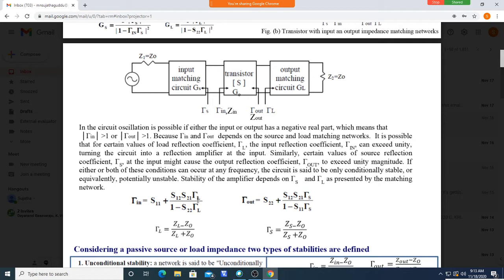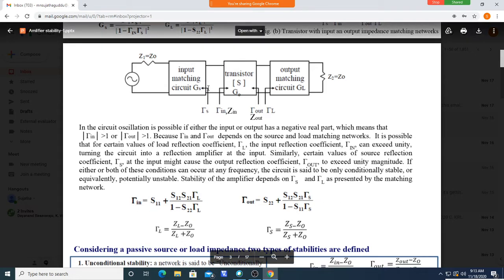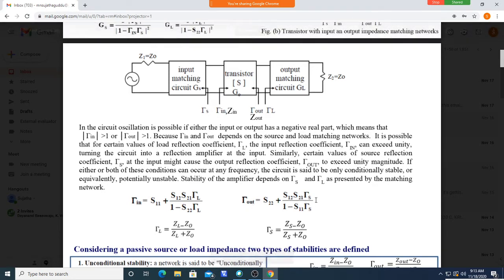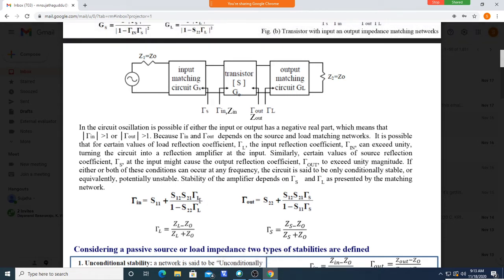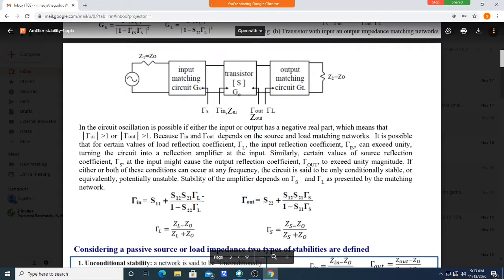ZL must be chosen such that it does not make tau in greater than 1. Similarly, whatever ZS you choose should not make tau out greater than 1. That is the way we have to choose.